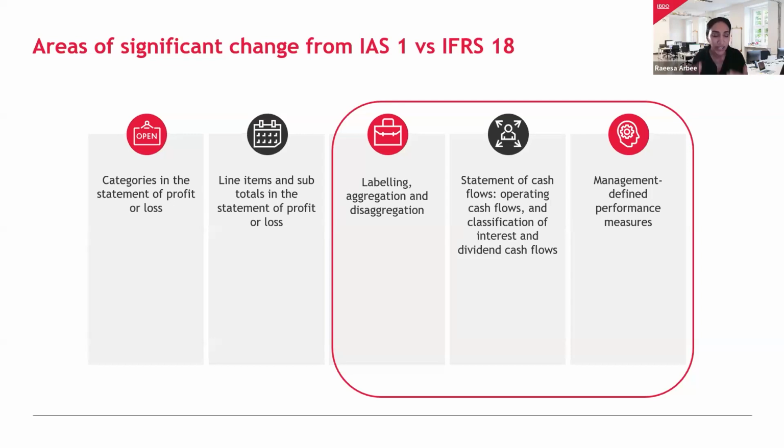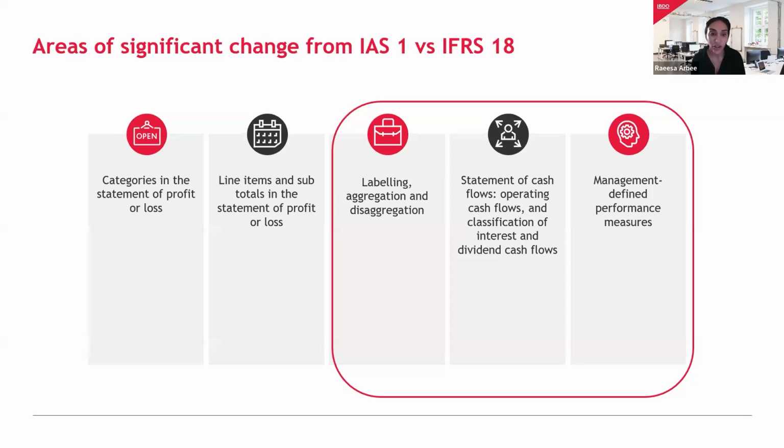So that is now very clear that that needs to be your starting point. The accounting policy choices around how to classify dividends and interest are now removed. So dividends and interest received would be investing activities, unless this is part of your main business. And dividends and interest paid would be classified as financing activities, again, unless they're part of your main business.